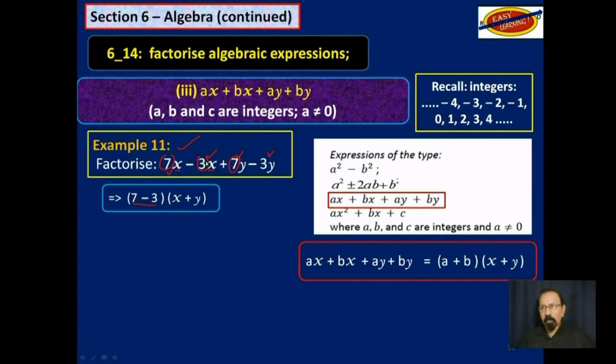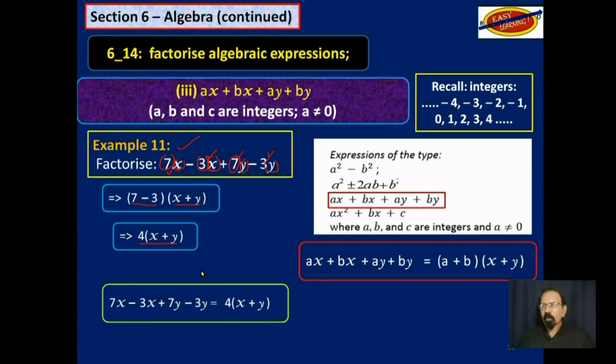Now, I know it looks like 2x, but we will list it as 1. And a y. So 7 minus 3 multiplied by x plus y. And that would give us 4 times x plus y. So if you had to factorize that, this is the answer.